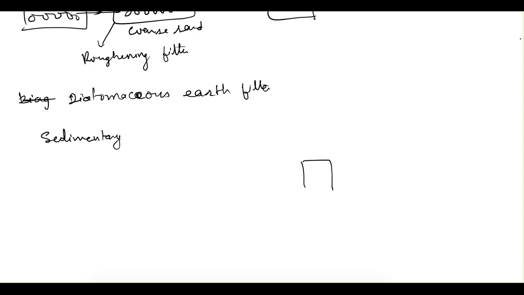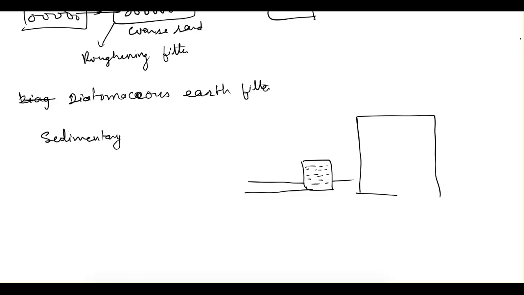In this case, the diatomaceous earth is kept filled in slurry form in one small chamber. Then your raw water will be coming from here, and here will be your filtration tank. In the upper part you take the filtered water, and here a screen or mesh kind of thing is there.